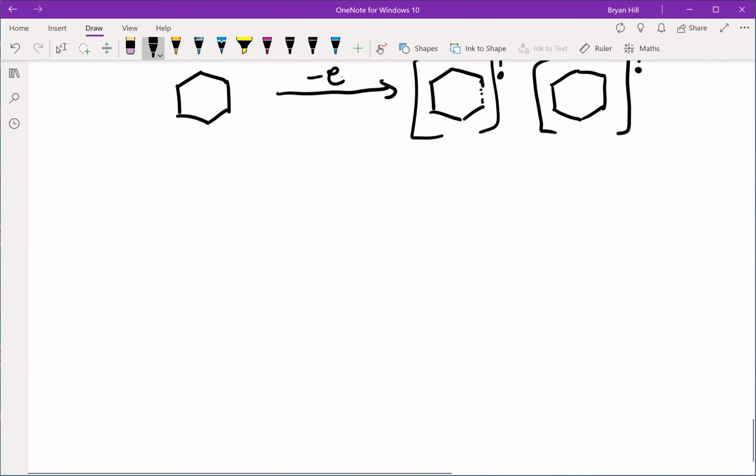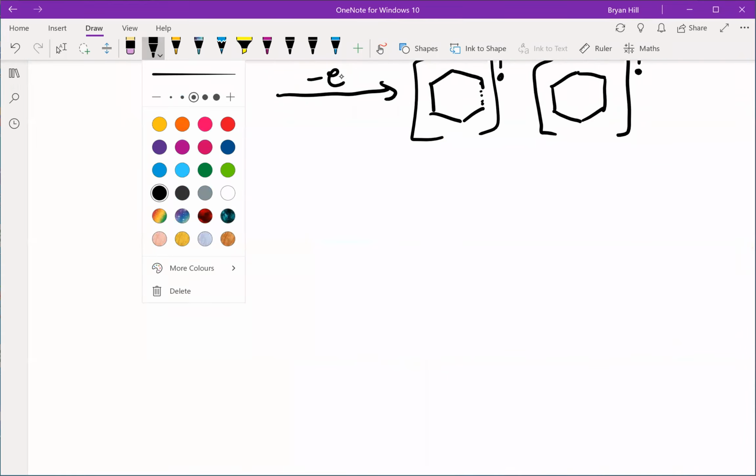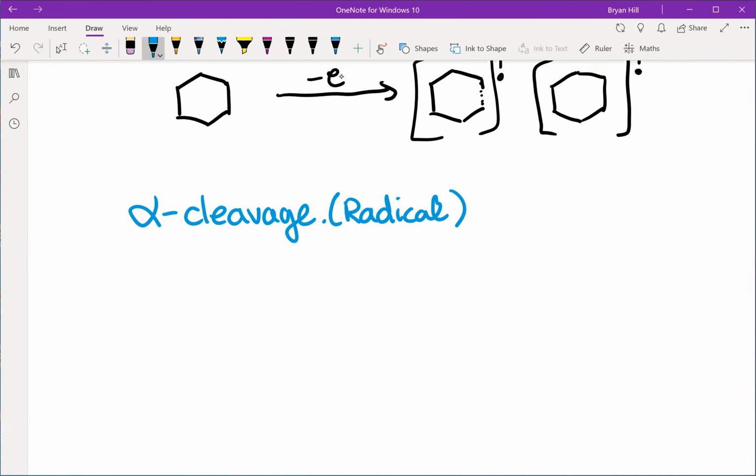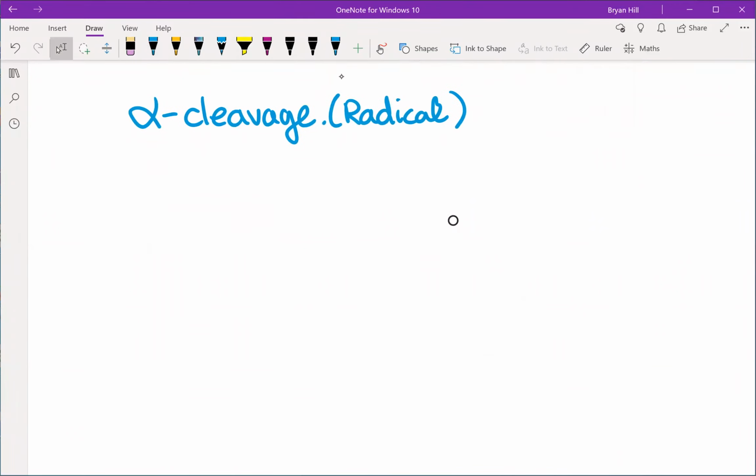So let's put another color here. Let's do blue. Something called alpha cleavage. So this is a radical way of breaking bonds, and sometimes it's called site-initiated cleavage.